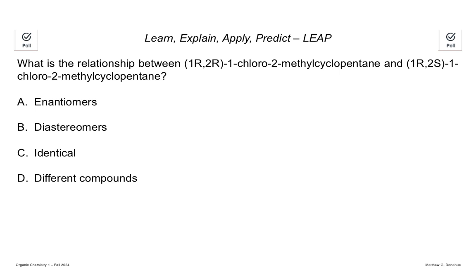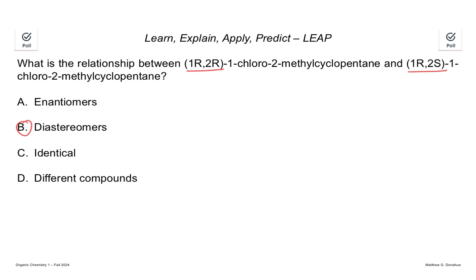So here is a question related to relationship of stereoisomers, but you're not given structures, you're just given the nomenclature. 1R, 2R, 1R, 2S. What is their relationship? So they need to be diastereomers because the 1R is staying the same and then the 2 position is changing.